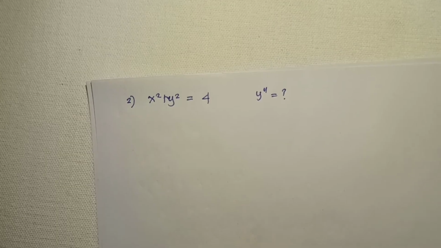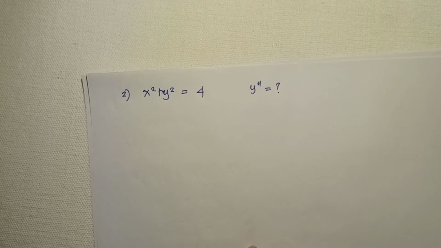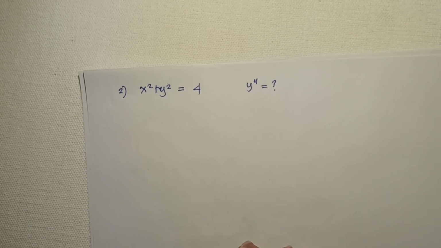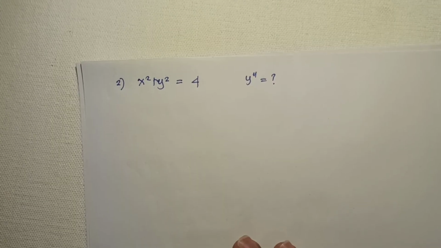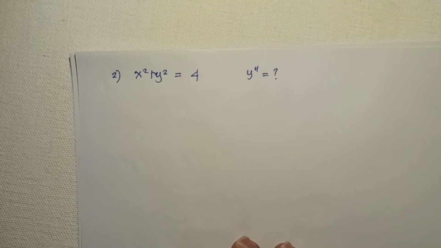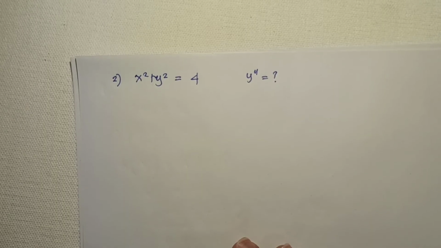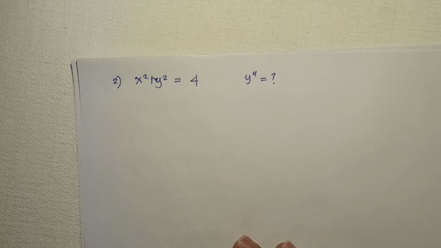Okay, so let's proceed with number 2, rather. x squared plus y squared is equal to 4, and find y double prime. First, we need to take the derivative in terms of implicit function differentiation.